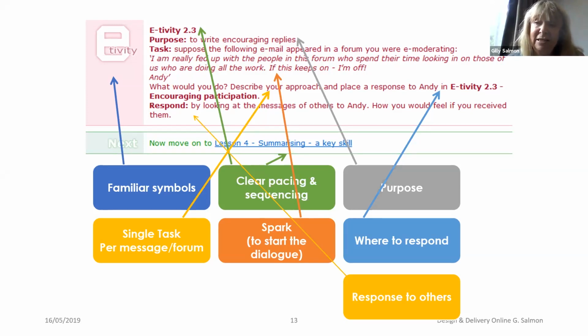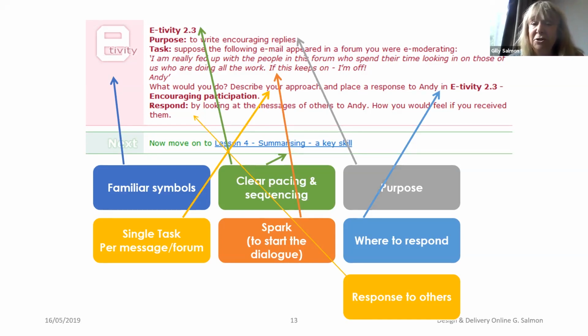You might have noticed that sometimes people can be quite rude online. They don't realise that they're easily identified and people will remember what they say. So his name was Andy. So I use this little message, an authentic piece of message, to put into the activity to enable my training moderators to consider it.